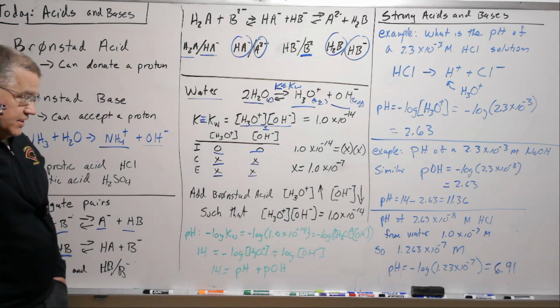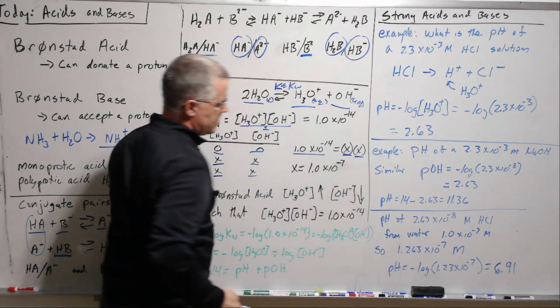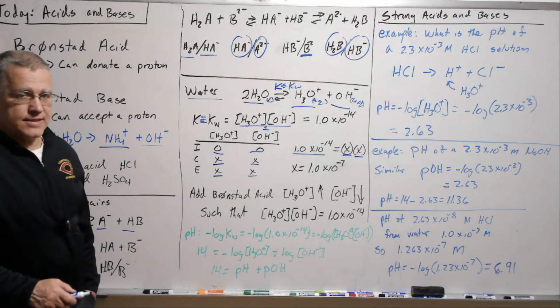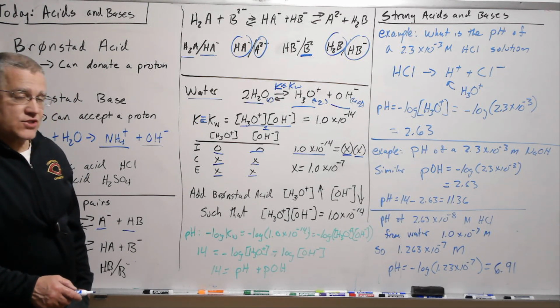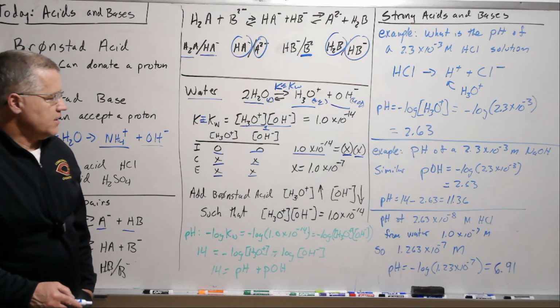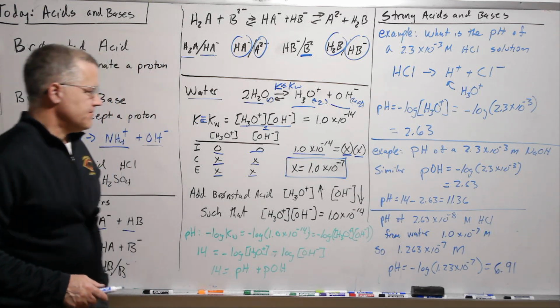And so both are positive x here. And then we write our Kw equals x times x, or x squared. And so x is just the square root of 1 times 10 to the minus 14. So that's 1 times 10 to the minus 7.